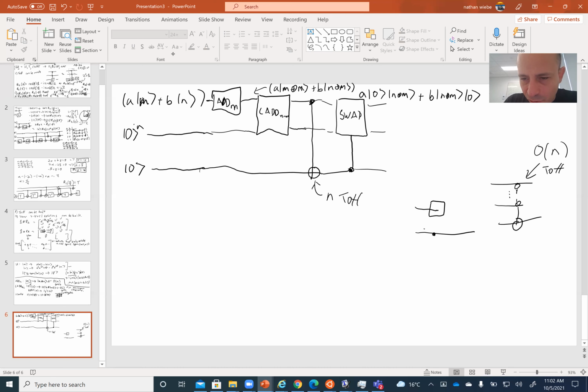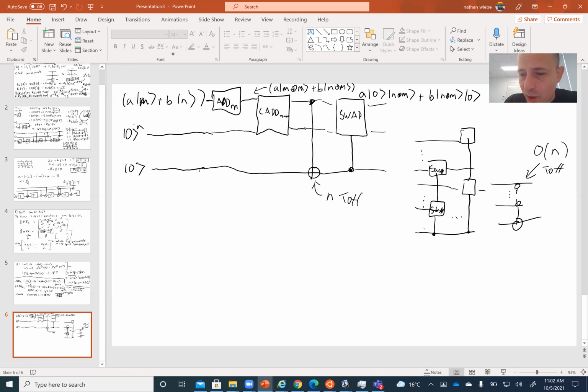So the way we're actually doing it is a controlled swap between the bottom qubits, say, of both registers, and then continuing this process, doing a controlled swap between the last two registers.